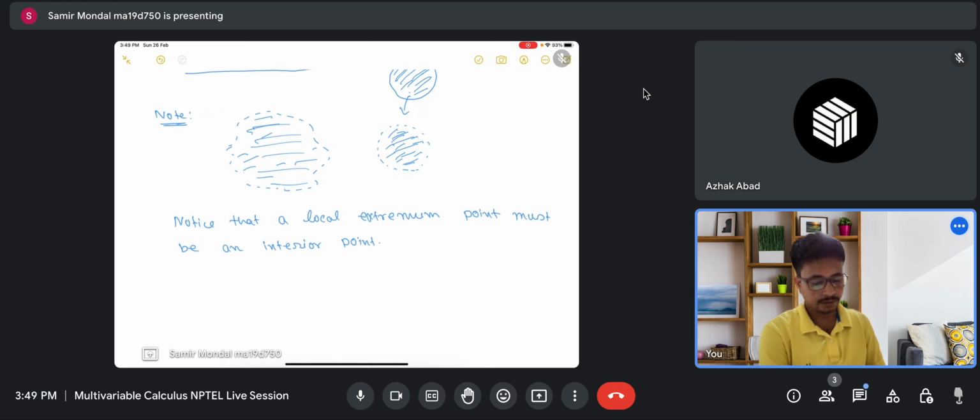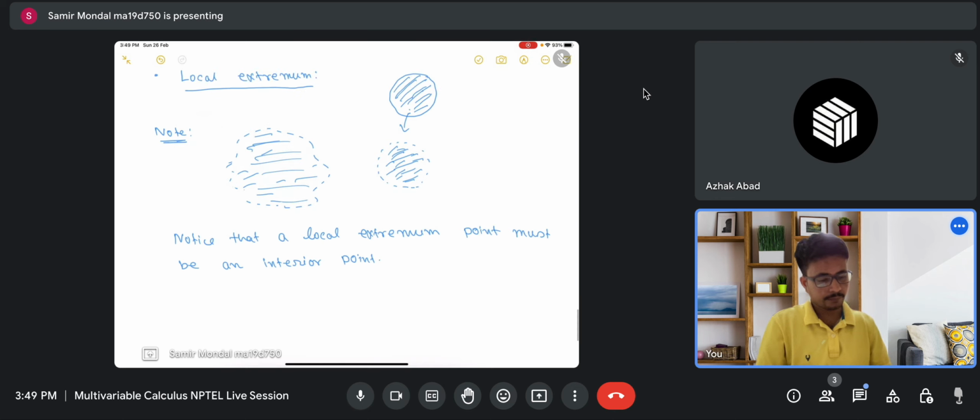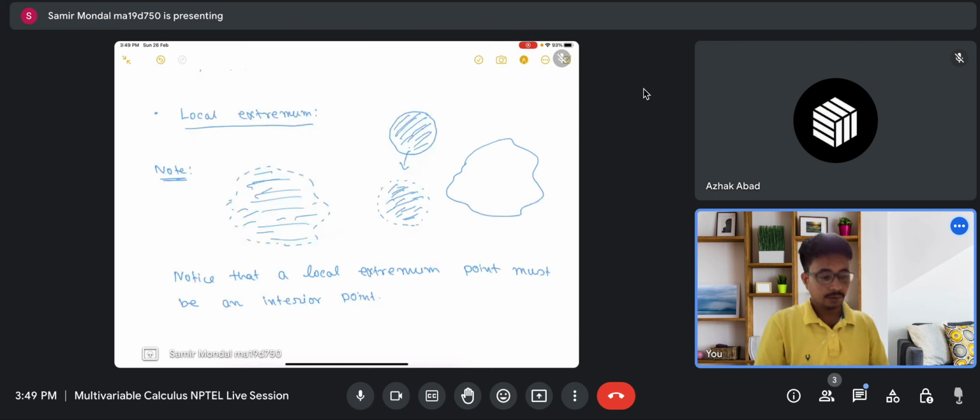Please tell me. A local extremum point must be an interior point, because local extrema means local maxima and local minima, and we are talking about a neighborhood of that point, meaning one open disk around that point. Suppose this is your region, and this is your point. Then we are talking about the inequality being satisfied only in this region.